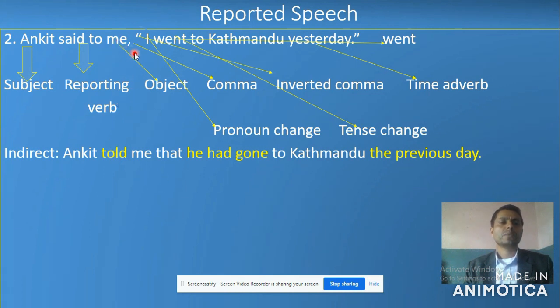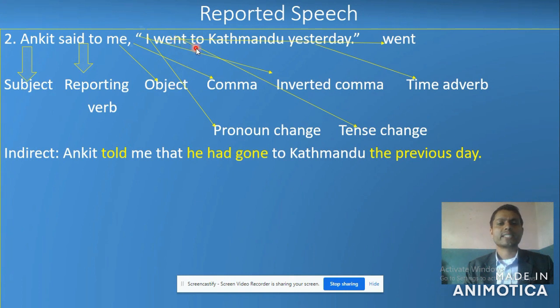Then we have to remove the comma and replace it by that. Then he, because the first person pronoun changes according to the subject, okay. This is the subject pronoun rule. According to the subject Ankit, so that he had.